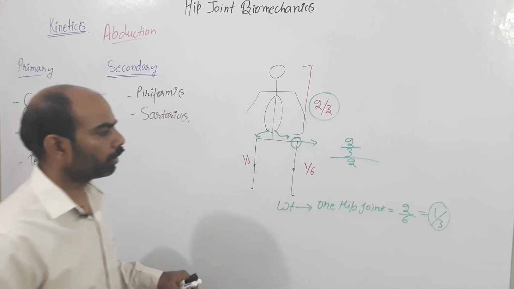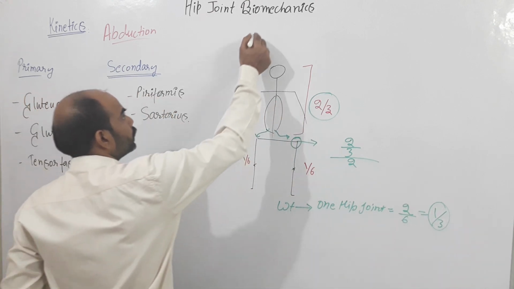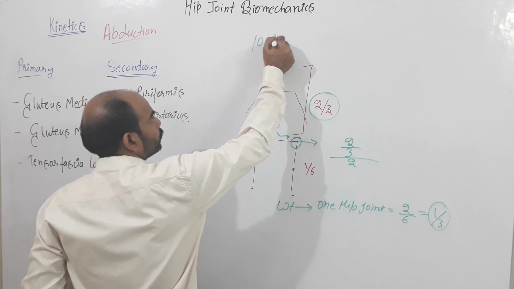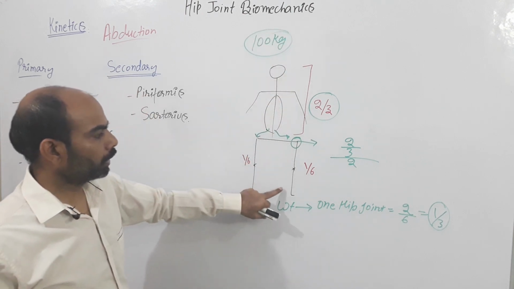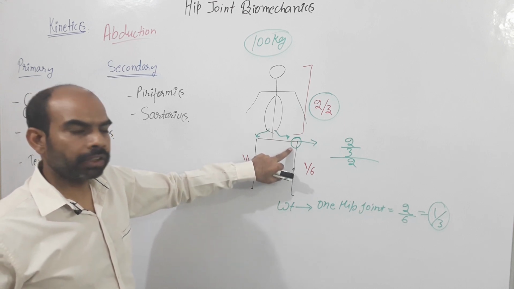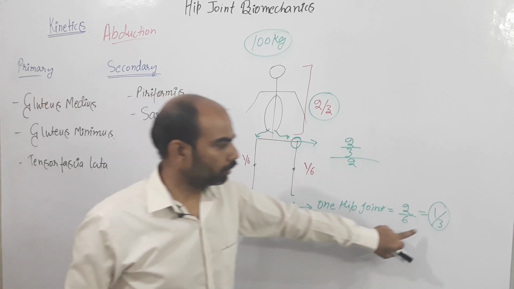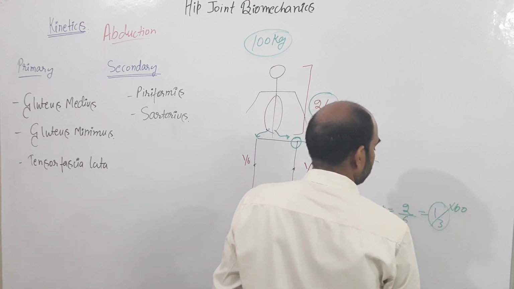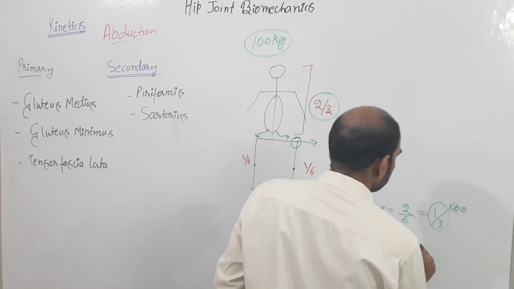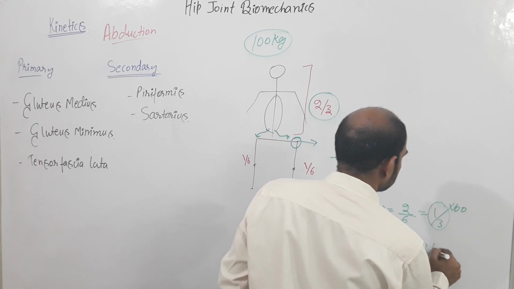If the total weight of the body is around 100 kg, the weight bearing on one side hip joint in bilateral stance is around 1/3 of 100, so it is around 33.33 kg.